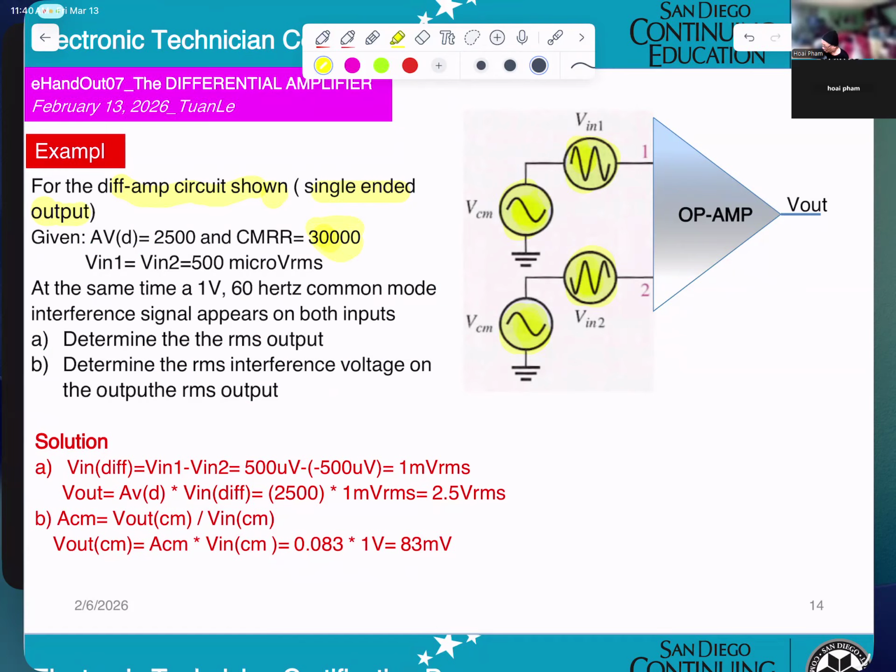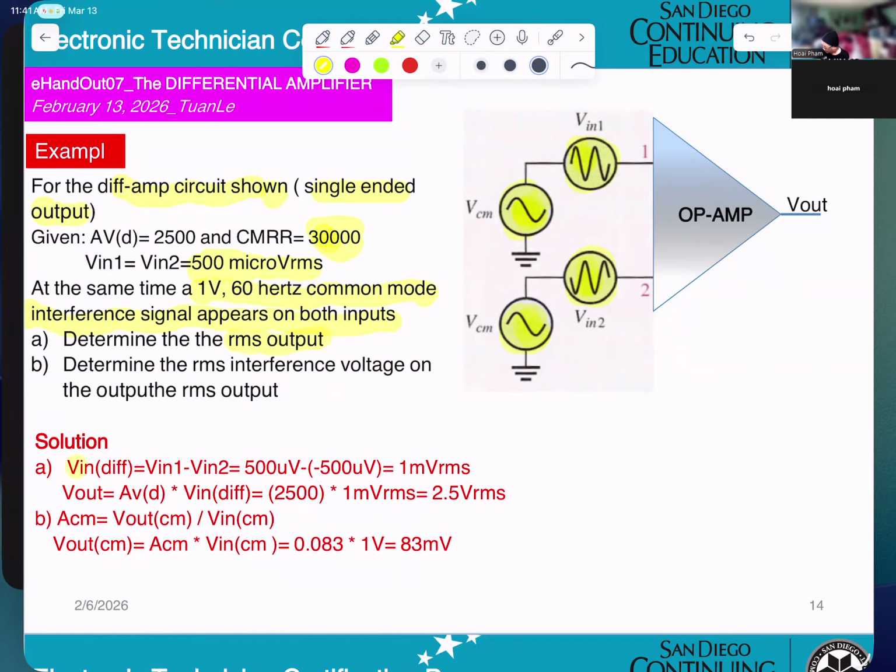V in 1 equals V in 2 at 500 microvolt, and at the same time a 1 volt common mode interference signal appears on both inputs. They want to know the RMS output.